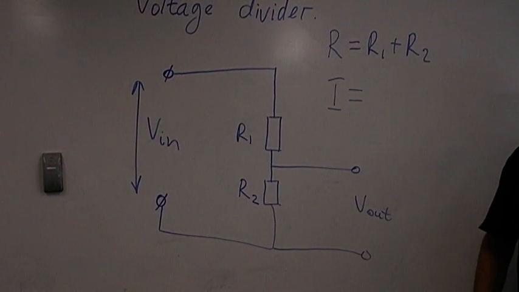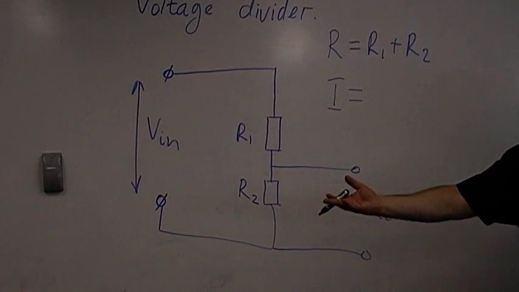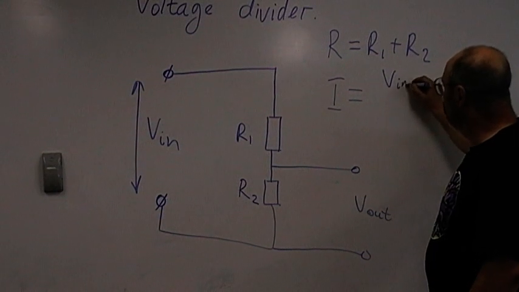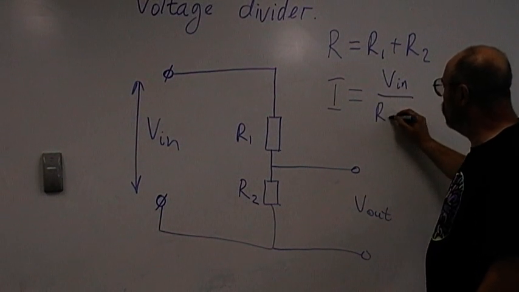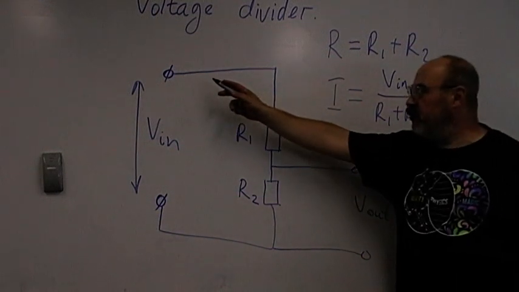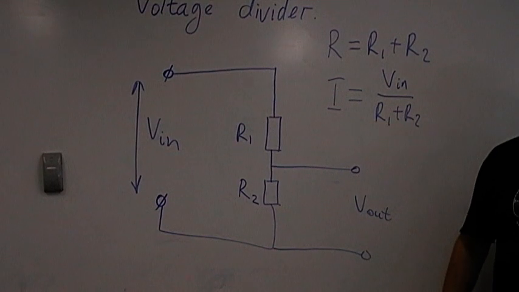How do we find the current? We have voltage and resistance. Using Ohm's law, we have voltage in over resistance, which is R1 plus R2. That will be the current flowing in this circuit.